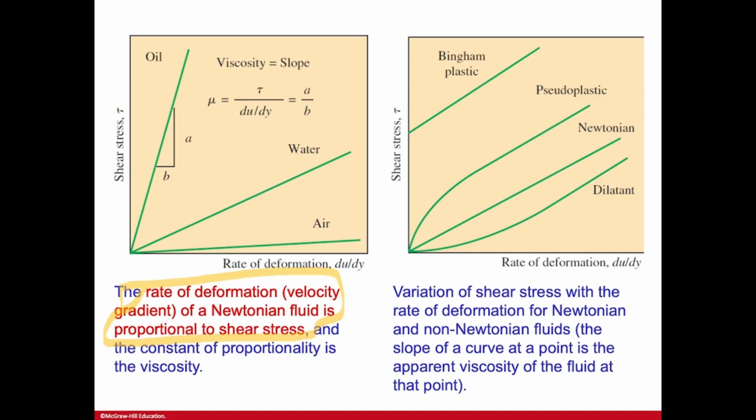Essentially, this relationship says the viscosity is constant, so you get a linear relationship between stress and rate of deformation, or linear velocity gradients. If this relationship is non-linear, then you're talking about non-Newtonian fluids. Here are a couple of non-Newtonian fluids, just so that you are aware of, that you have probably encountered at some point.